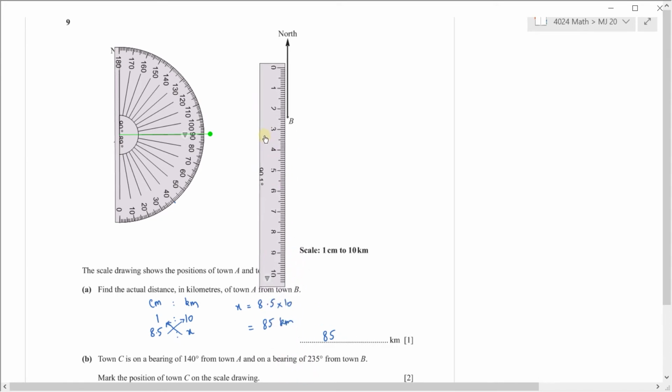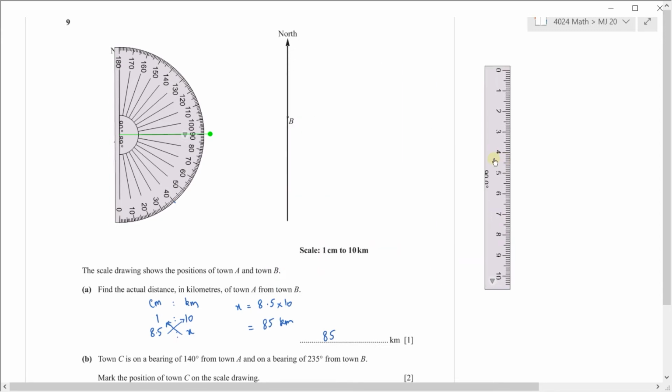I'll align my ruler with this line here and then just extend this further down. So I know that the bearing up till this point is 180. I have to go up till 235. So 235 minus 180 is 55 degrees. So I have to go another 55 degrees in this direction.